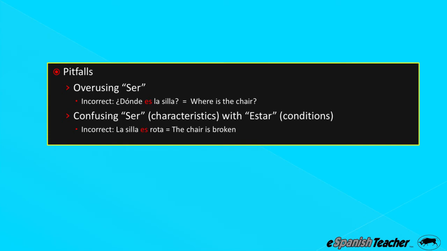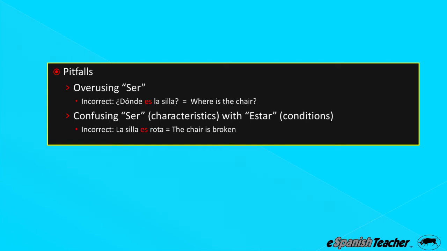All right. The obvious pitfalls with these two verbs are that you may have a tendency to overuse the verb ser. It's the easier verb to conjugate, it's the easier verb to translate, and es, which is one of the main conjugations of ser, sounds really similar to the English word is.